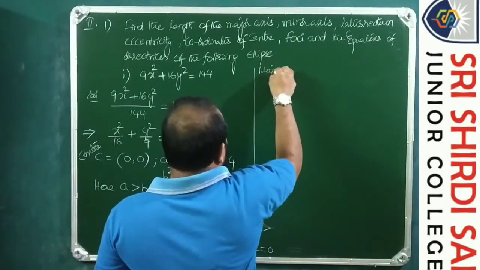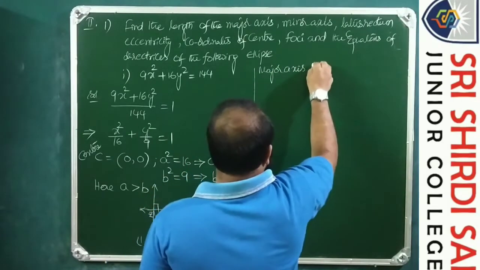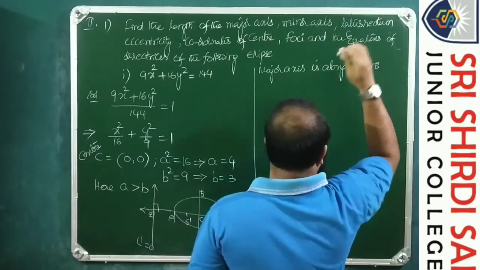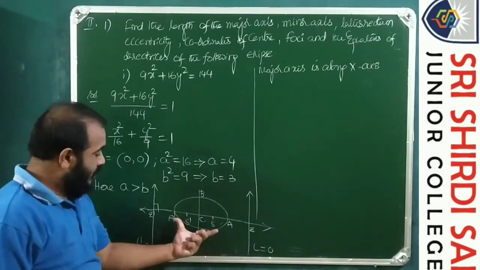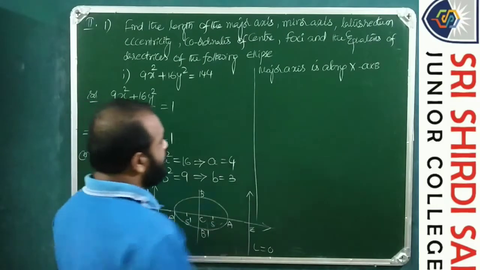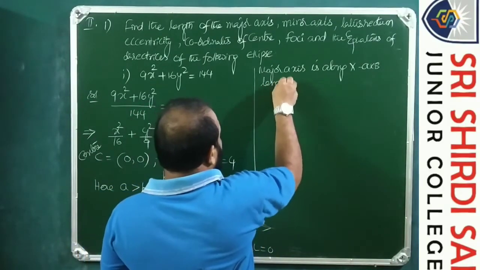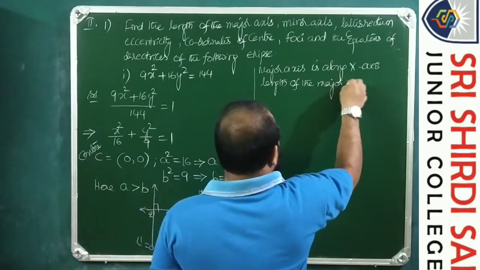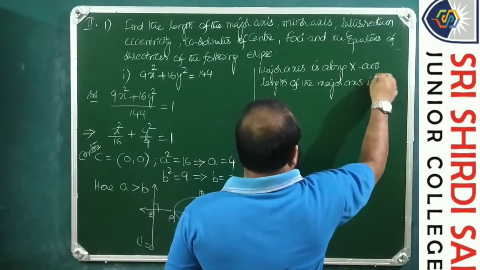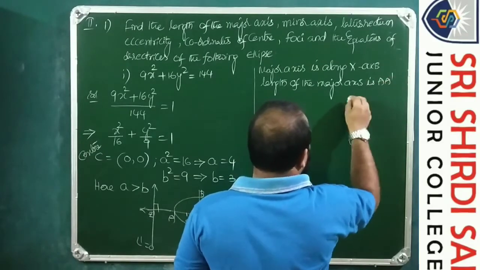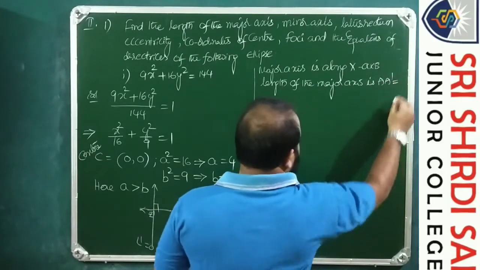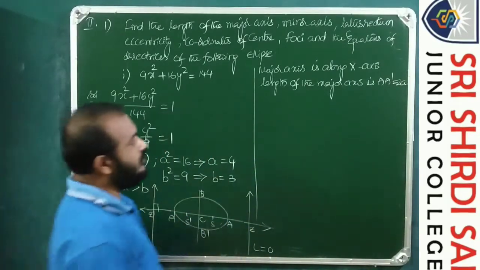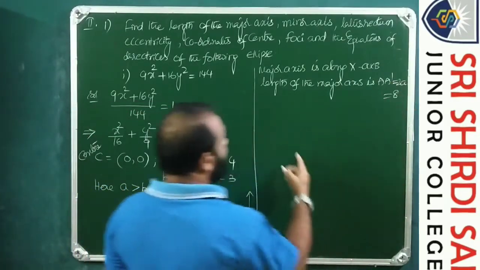So here, length of the major axis is AA dash, which is equals to 2a. So 2 into a, which is 4, is equals to 8. Length of the major axis is 8.